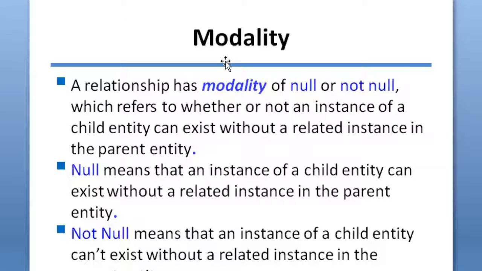When we're talking about modality as another part of a relationship, this shows a sense of null or not null. If the child entity can exist without depending on the parent entity, we say it's null modality. If it depends on the parent, we say that it is not null.